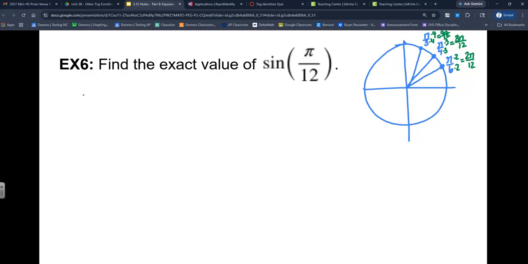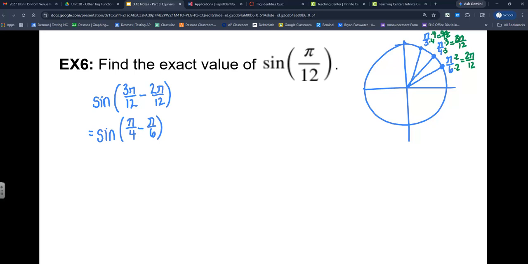So if I write this that way, let's do sine of 3 pi over 12 minus 2 pi over 12. But if we reduce it back, this is sine of pi over 4 minus pi over 6.